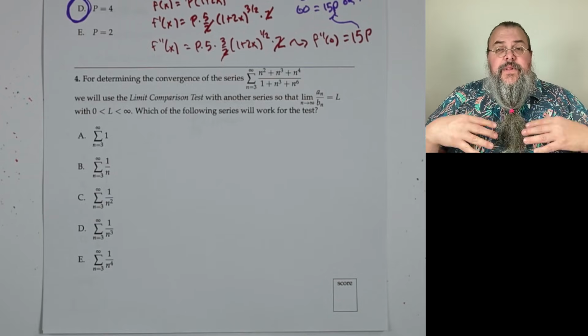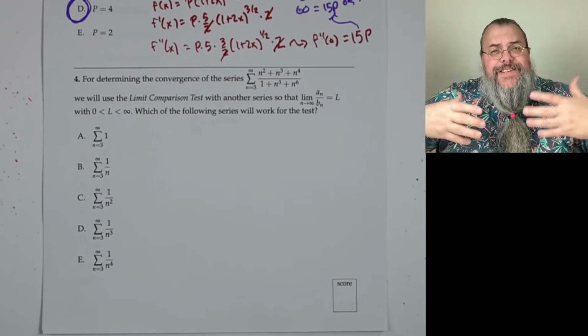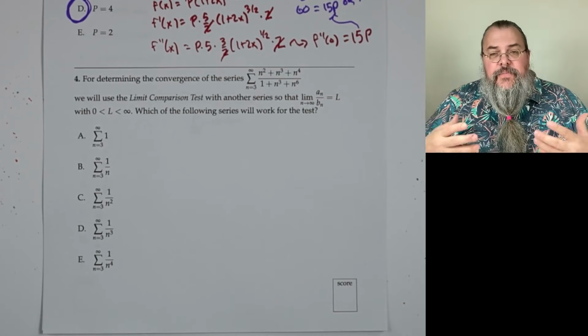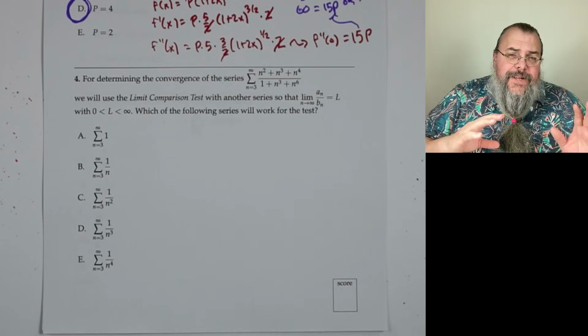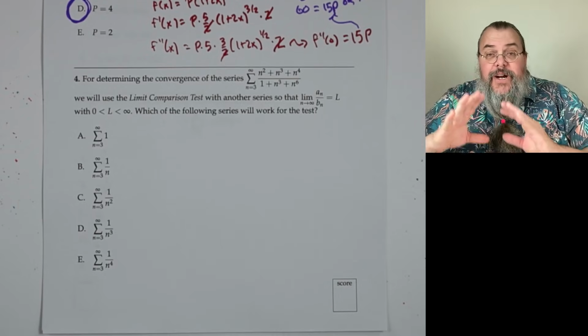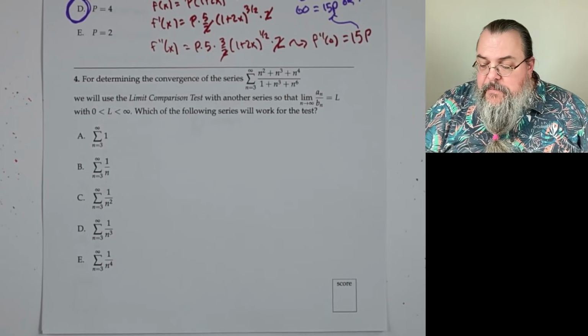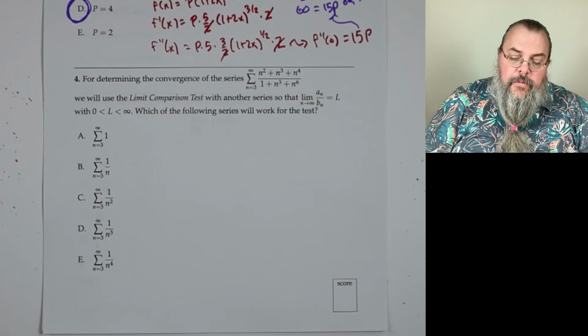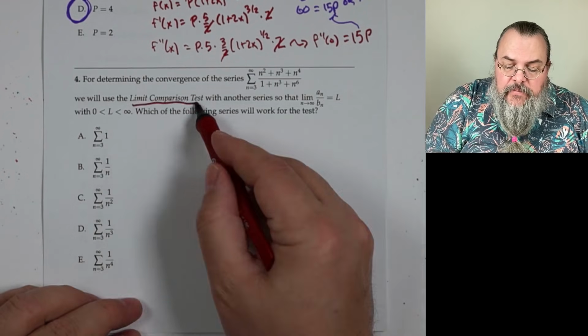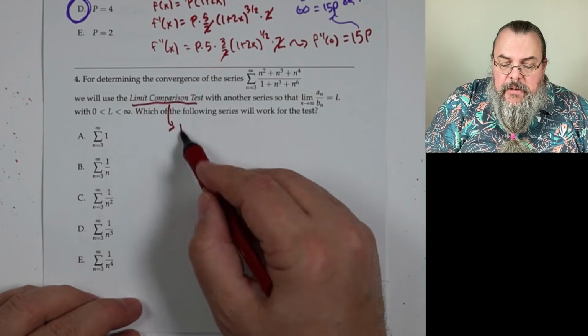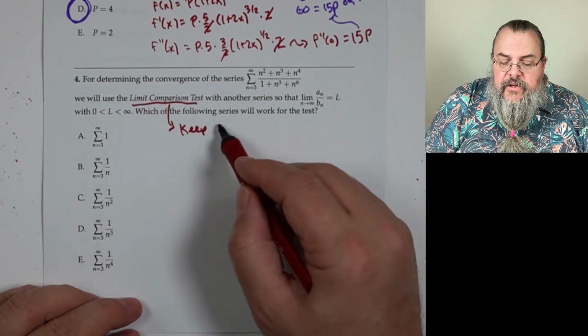So what do we want? Well, we want to understand, hey, what's this really behaving like? And in particular, what can we ignore? What's driving the decay? So here's the basic strategy. When we see a limit comparison test, we say, okay, keep the big terms.